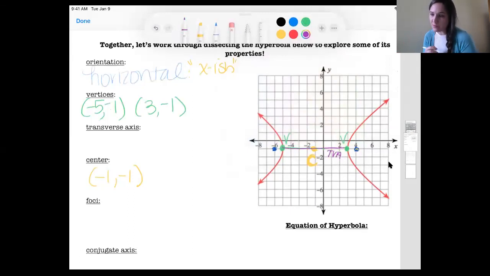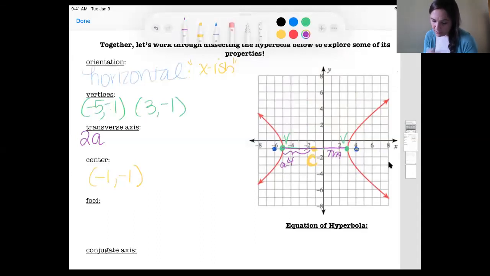Okay, so our transverse axis, remember that is 2a. So our a value here, for me, I just count. a is 1, 2, 3, 4. a is 4. There are 4 units between my center and my vertex. That is what my a is.